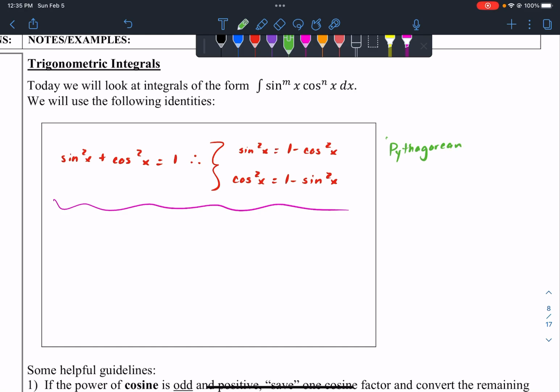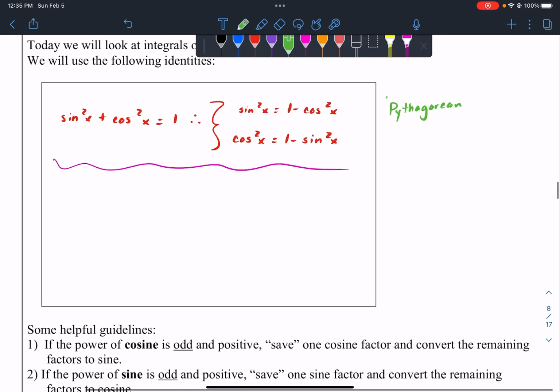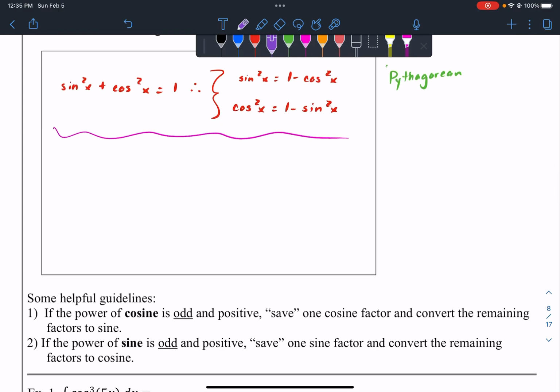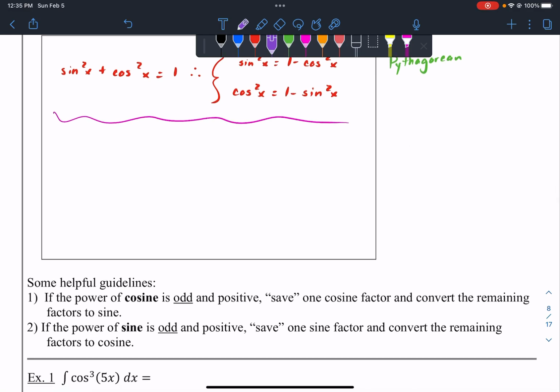You also have 2 power-reducing identities that we haven't looked at much at all, even in your pre-cal course. So this is a power-reducing identity, and the idea is if you have cosine of 2x, that is the same as 1 minus 2 sine squared of x.